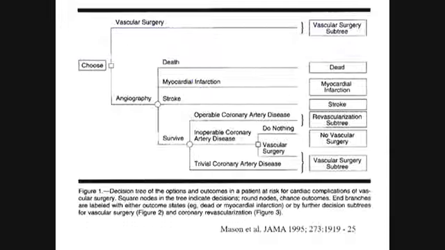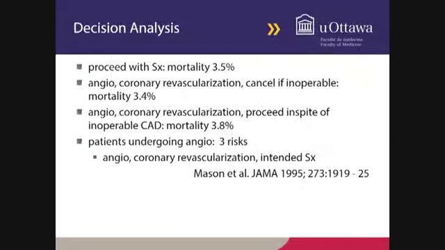Is this new? It's not. In 1995, Mason did a study looking at decision analysis. I showed you the diagram just so you know that it's quite rigorous as a study on decision analysis. But essentially what they found was if you take a deep breath and you go ahead with vascular surgery in the face of a patient with some angina, that actually is not that bad compared to if you do all the angiography and angioplasty.